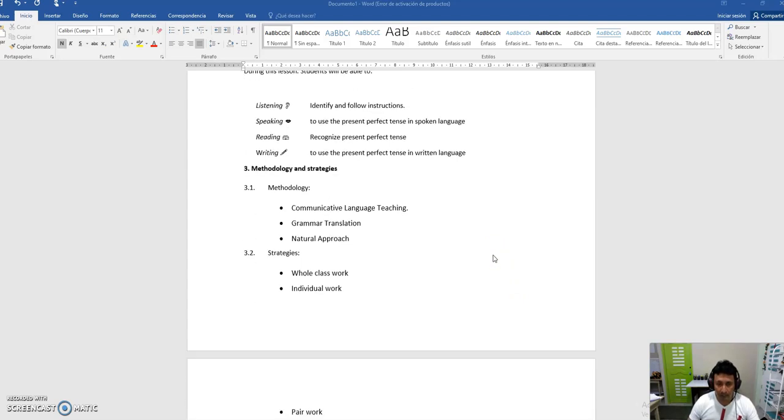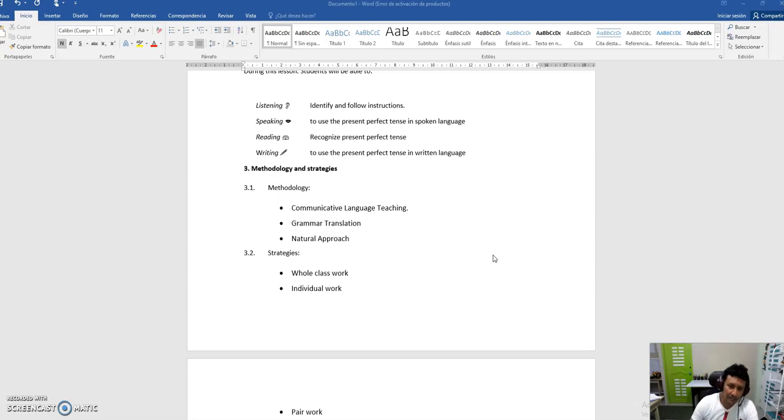The third step is related to the methodology and strategies. So what activities will we be doing to accomplish these objectives? For the methodology, I will be working with 3 methods: communicative language teaching, grammar translation, and natural approach.